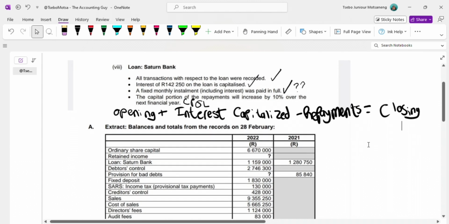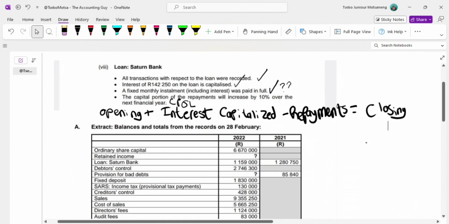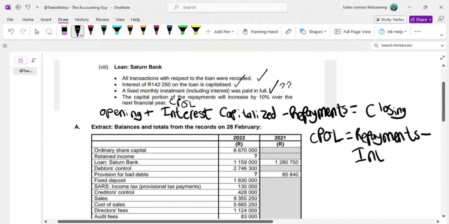The second equation goes something like this. You're going to have current portion on loan, CPOL, that's current portion on loan, is equal to repayments minus interest capitalized.